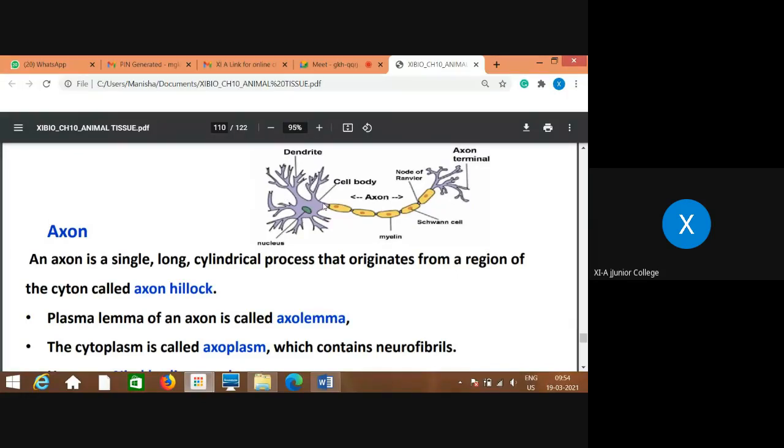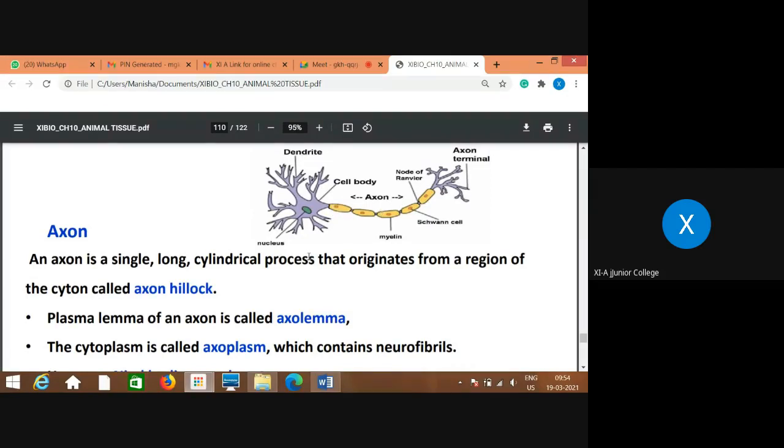And when it starts forming the axon, it converts into the axon. This part is a little bit bulging in nature, and then it becomes narrow and converts into the axon. So the part from where the axon starts or originates is called the axon hillock.